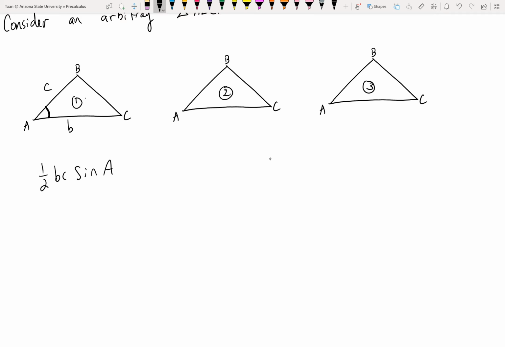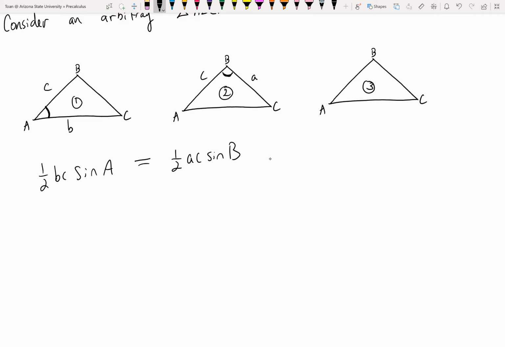Well, what's the area of triangle number two? Suppose I focus on this angle here. I need its adjacent sides. This is side A and this is side C. So according to the formula, the area of triangle number two should be 1/2 AC sine B. And since these two triangles are congruent, they should have the same area.